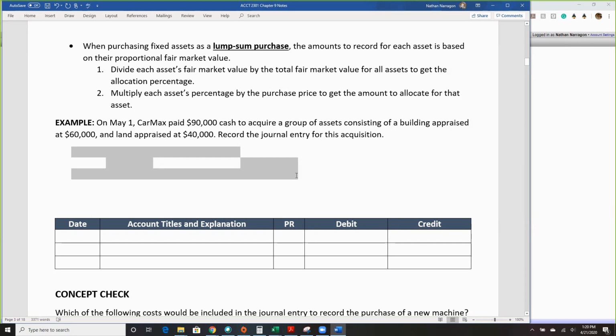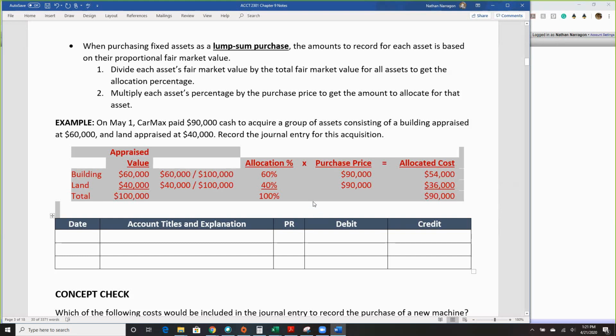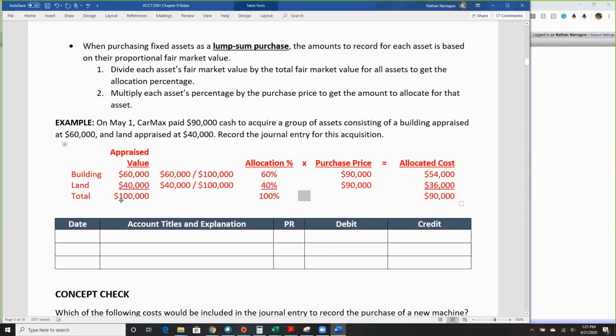I'm going to actually show all of this. First thing we have to do is figure out the allocation percentage. So this is taking our total. So we add the appraised value. So 60,000 plus 40,000 equals 100,000.